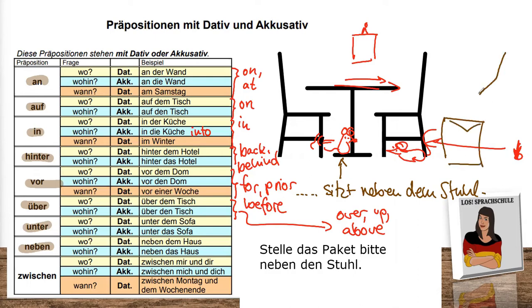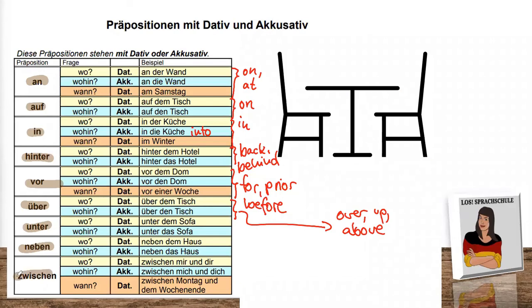So someone, again, the famous hand, someone put something where it wasn't before. Therefore, we have, I know it's not this typical running, but it is a change of location. Therefore, we need Akkusativ. And the last one is zwischen, between.